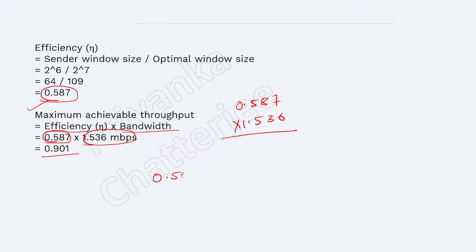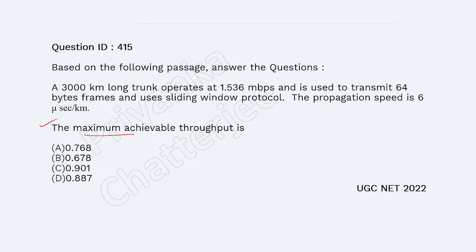Because 0.500 multiply into 2 is coming 1.000. So it will be 1.000, but my value is 0.587 and here it is 1.5. So my value will be very close to 1. So out of the options you can choose this one, the value very close to 1.